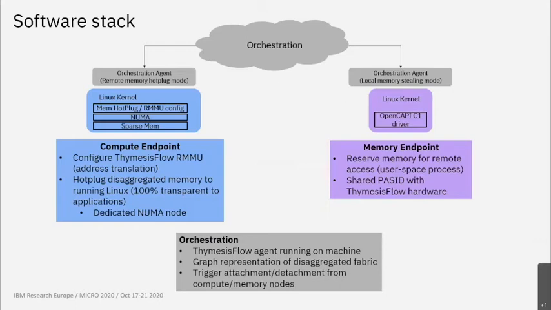On the memory endpoint side, instead, we have a process that is reserving the memory for remote access, because disaggregation is not happening by stealing the physical memory, but it is actually a process at the memory node that is allocating the memory for remote access. Finally, we have an orchestration software that is overarching the full prototype, and it's used for dynamic attachment and detachment of disaggregated memory from compute nodes.